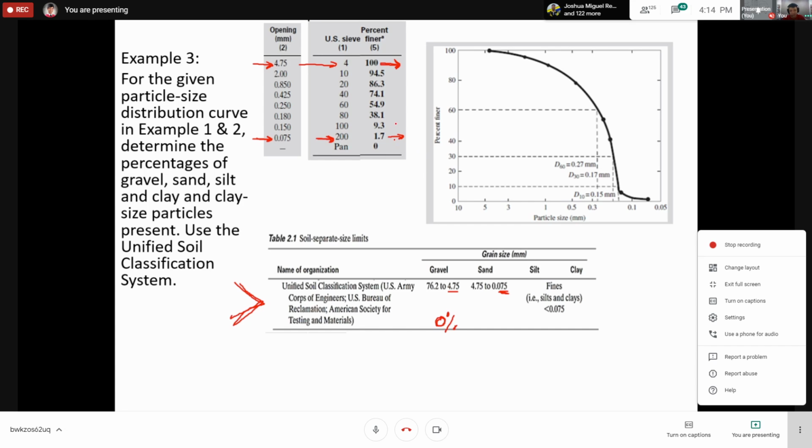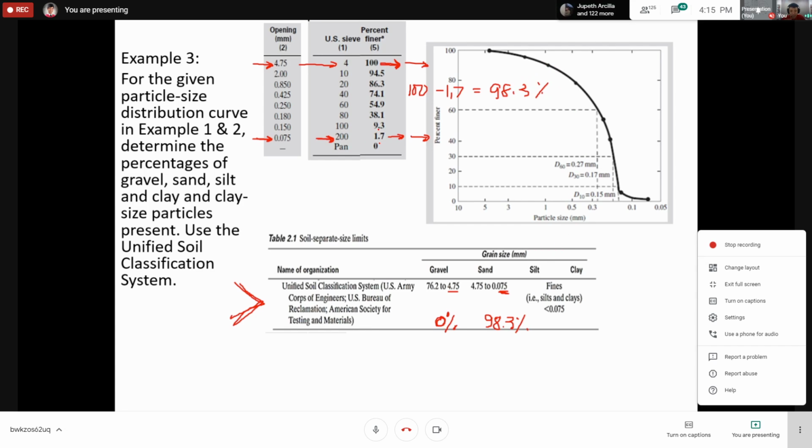So if 1.7% passed, what was retained is 100 minus 1.7, which is 98.3%.